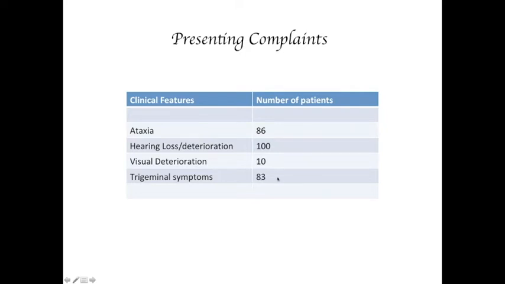So my estimation is that when there is ataxia and visual deterioration, the role of radiation treatment may not be as strong. And if the person has come only with the symptom of hearing loss and no other symptom like ataxia and vision problem, maybe there is some role for radiation treatment.